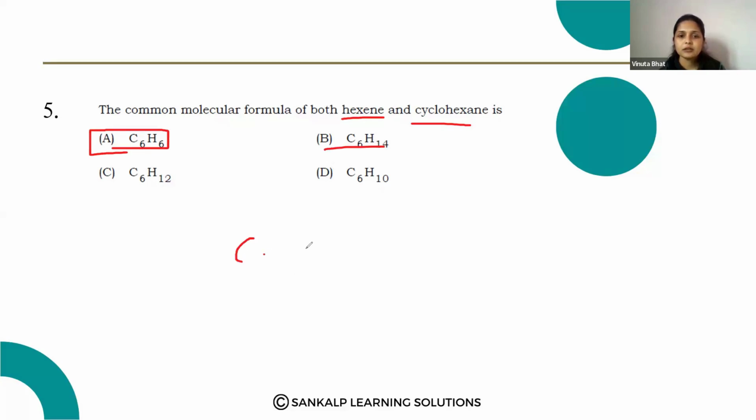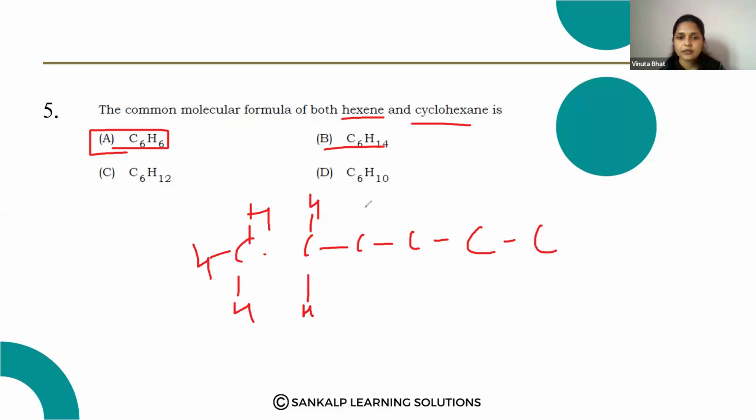C6H14 means 6 carbons and 14 hydrogens, 1, 2, 3, 4, 5, 6, 7, 8, 9, 10, 11, 12, 13, 14. So it is not hexene, because hexene means there should be a double bond, right?